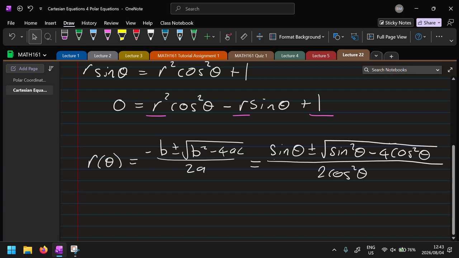So instead of having the equation y as a function of x, we have a new equation, r as a function of theta. We've converted between them.